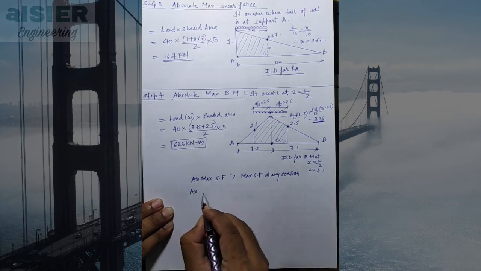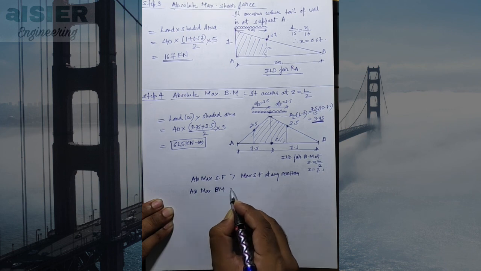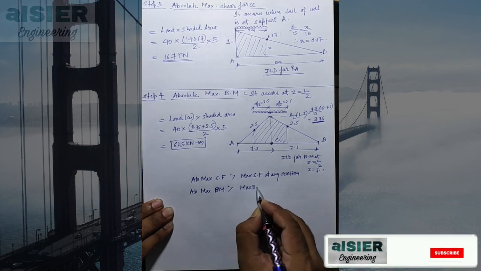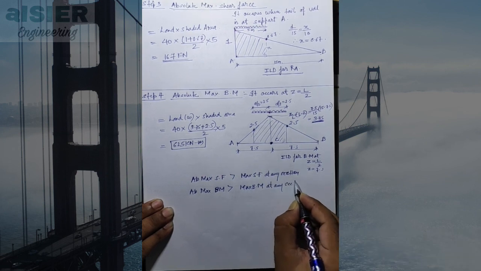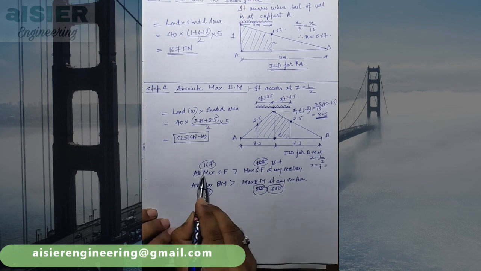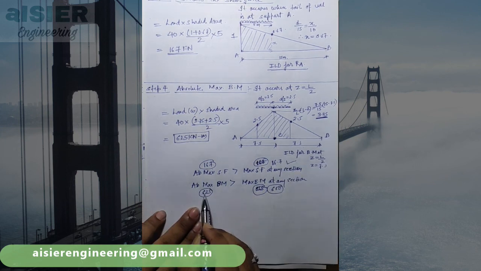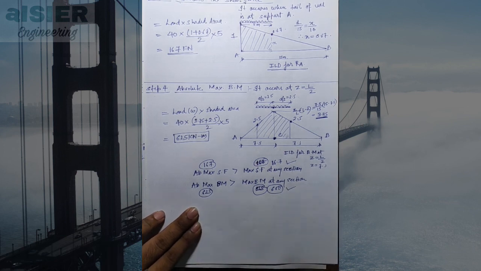Similarly, absolute maximum bending moment is always greater than maximum bending moment at any section, right? So in this case this 167 is greater than 86.7, hence okay. And similarly maximum bending moment 625 is greater than 600, hence okay.